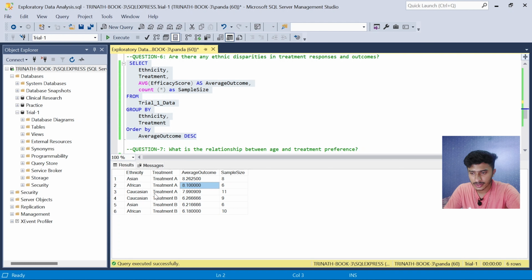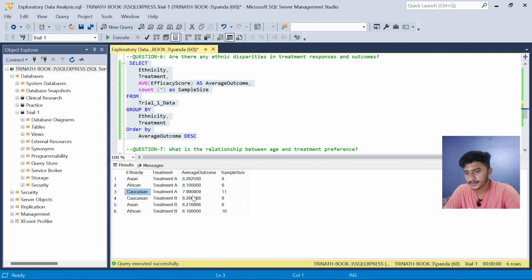So seeing all these details, what I think is that this third group of patients has an efficacy score of 7.99 with a sample size of 11 for treatment A and 9 for treatment B. So there are around 20 samples for this group of patients who took treatment A and B both.